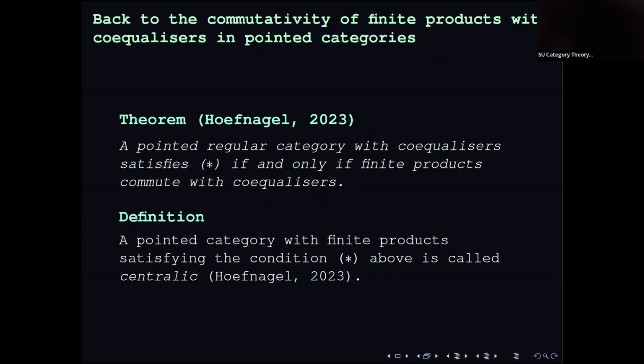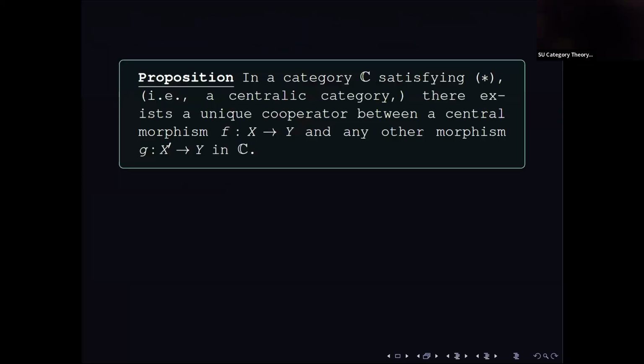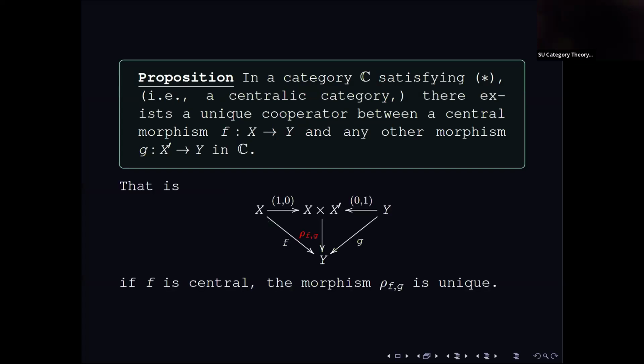Okay, and this condition is really closely, intimately connected to this behavior that I mentioned of central morphisms. So the first thing is that between any central morphism and any other morphism, there's a unique cooperator. So in a category satisfying this very condition, there is always a unique cooperator between any central morphism and any other morphism. In other words, there's a unique way to add things.